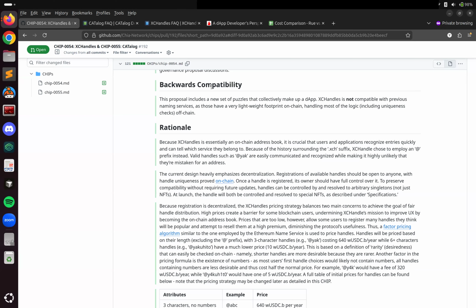I guess another piece of feedback was that you can't really price handles in XCH. And at first, I wanted the system to be as decentralized as humanly possible. And that meant pricing handles in XCH and then kind of following the block reward schedule.